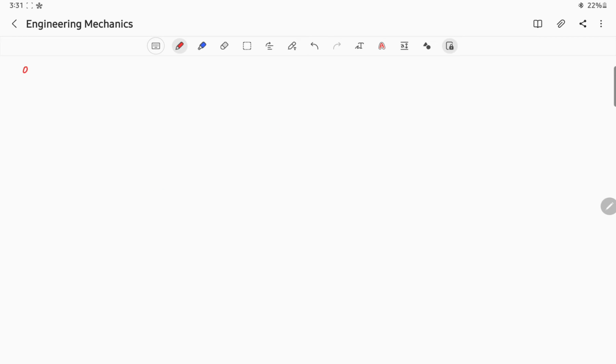A cantilever truss of 3 meters span is loaded as shown in figure.